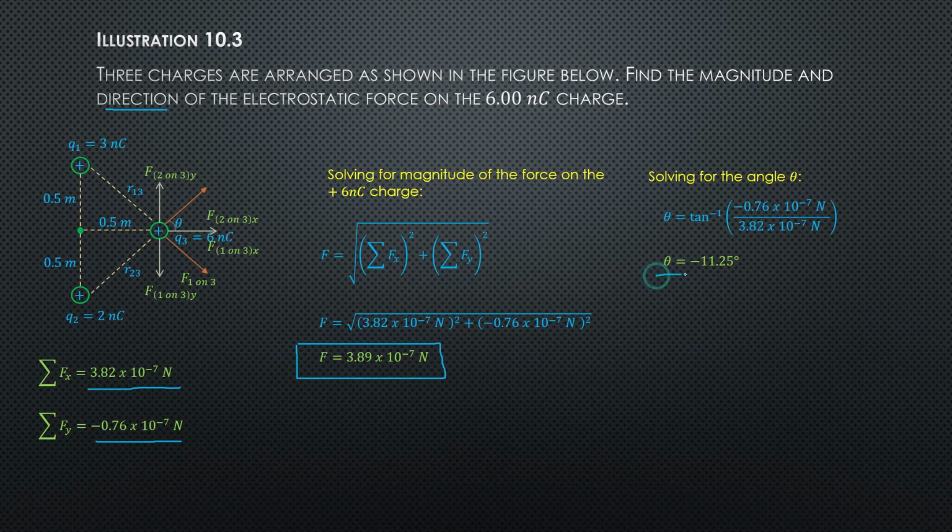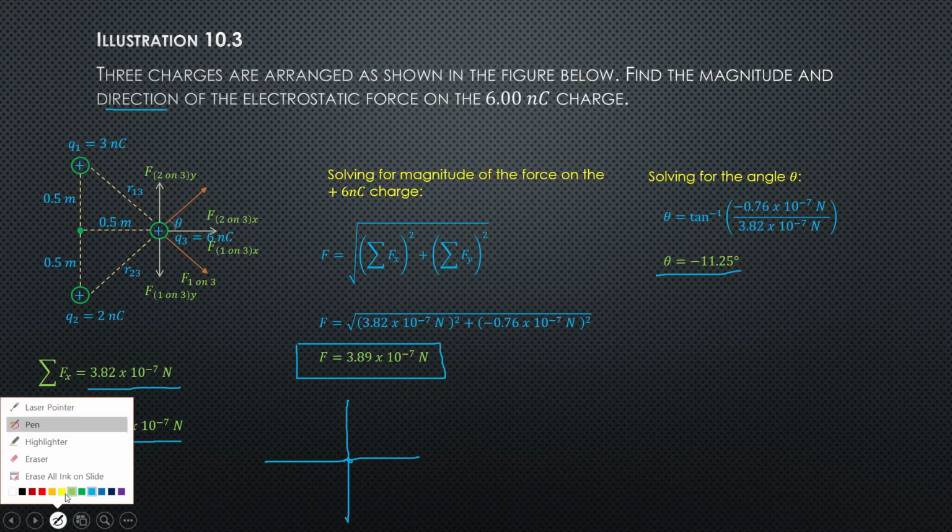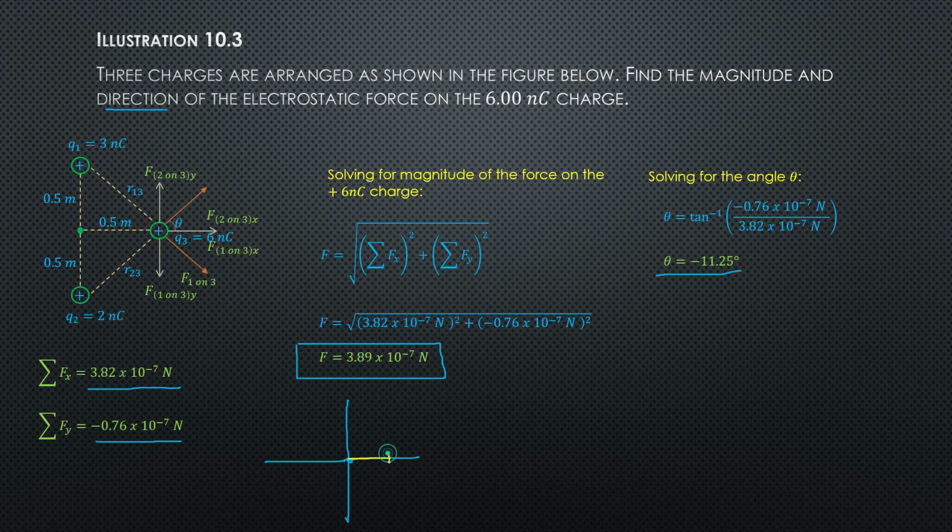This is also correct because if I draw this figure, the x component is positive and the y component is negative, so the resultant force lies in quadrant 4, and that negative 11.25 will be this angle.